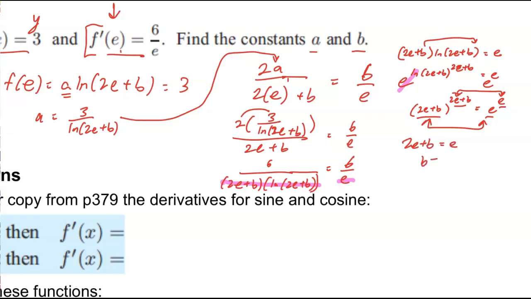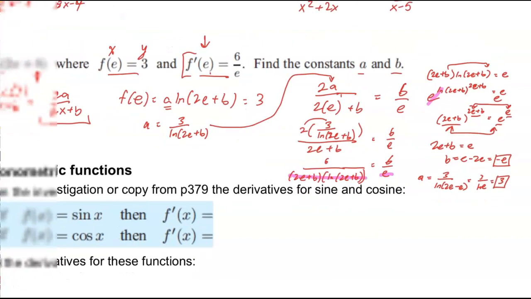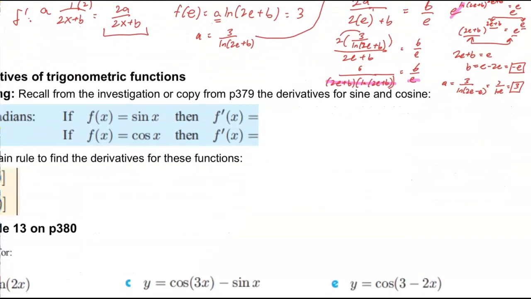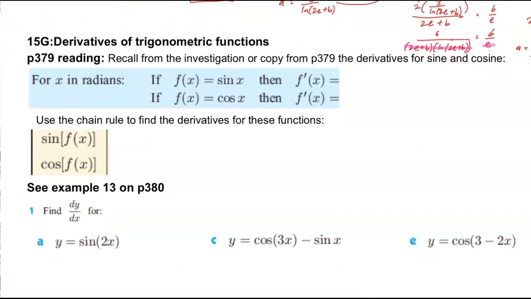So b is equal to e minus 2e, which is equal to negative e. So b is equal to negative e. What's a equal to? A is equal to 3 over natural log of 2e plus b, but b is negative e. So that would be 3 over natural log of 1e, because 2e minus e is 1e. And natural log of e is 1, so a is 3. Okay. That was awful.